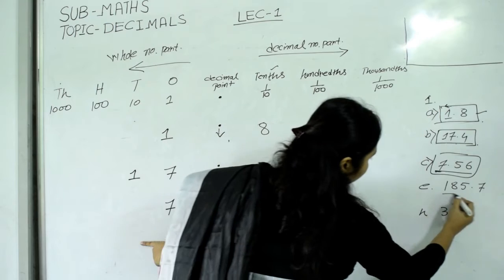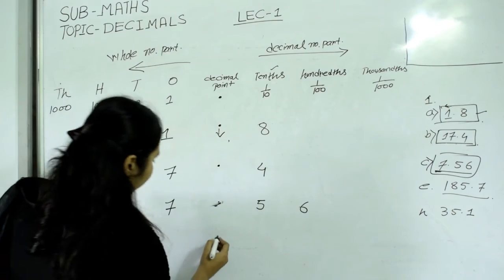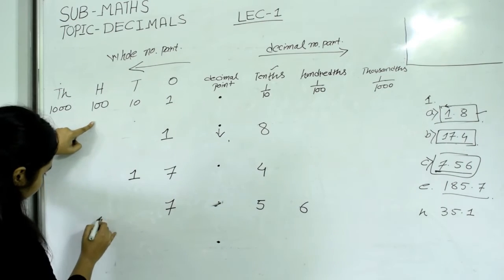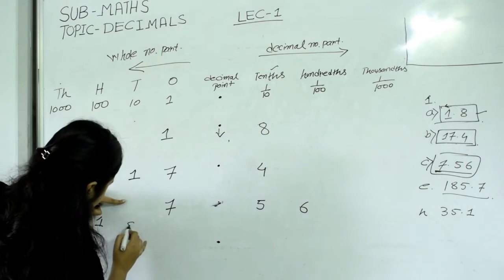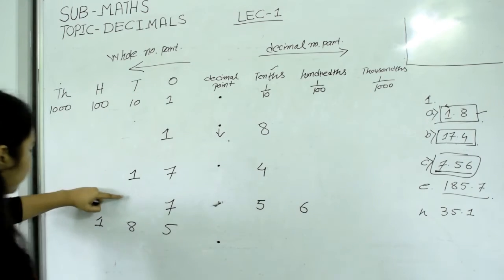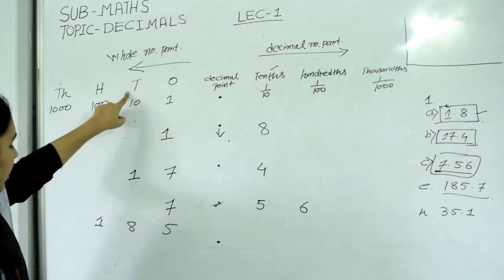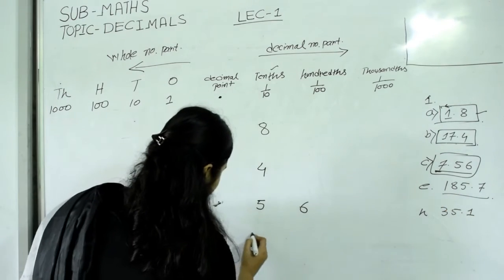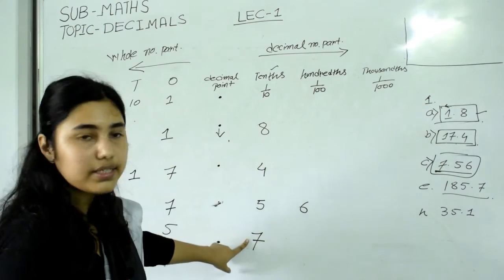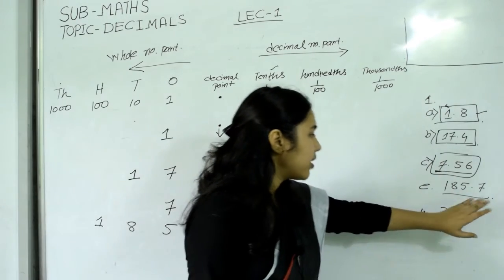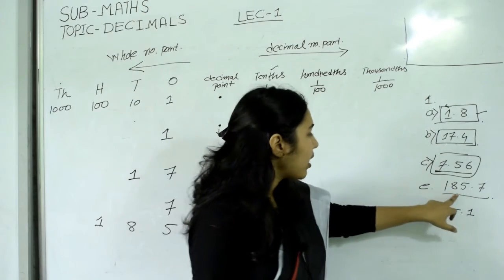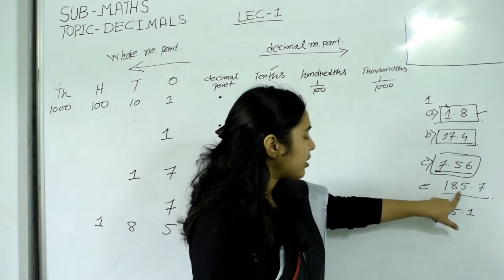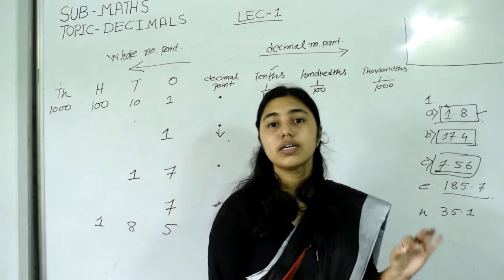Next, 185. First put this point. Now 185, which means 1 hundred, 8 tens and 5 ones. Point again 7, which means 7 tenths. So read this number as 185.7 or 185 and 7 tenths.